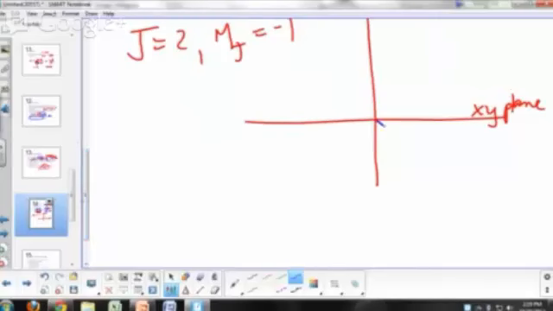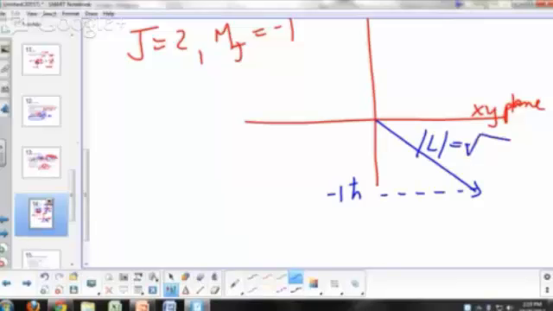The z component of the vector is going to be -1 h bar. So this is your angular momentum vector L, right? The magnitude of this angular momentum vector is how much? Square root of 6 h bar, right? Square root of 2 times 2 plus 1 h bar squared. So square root of 6 h bar.